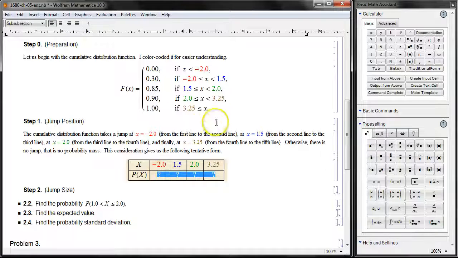Well, okay, let's go back to this with color coding. At x equals -2, from first line to second line, the cumulative probability used to be 0. Something was added and became 0.3. What did we just add? Second question. From second line to third line, the cumulative probability used to be 0.3.